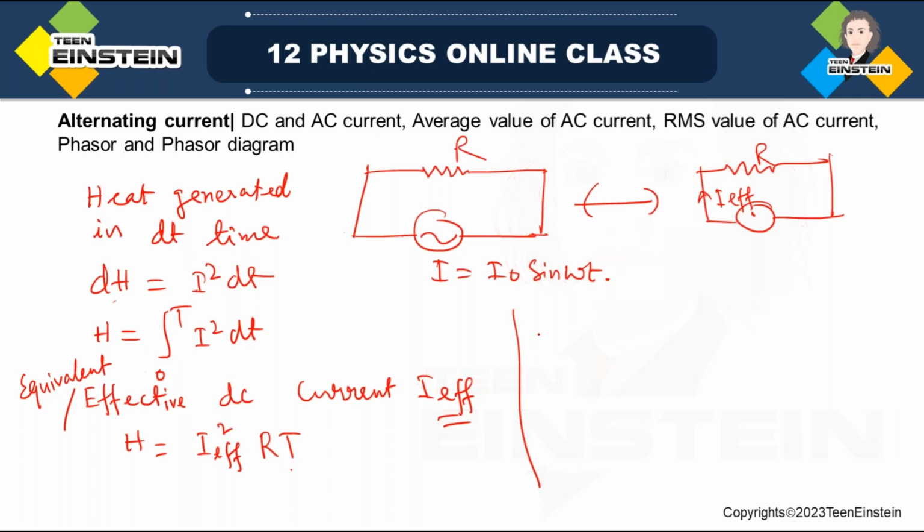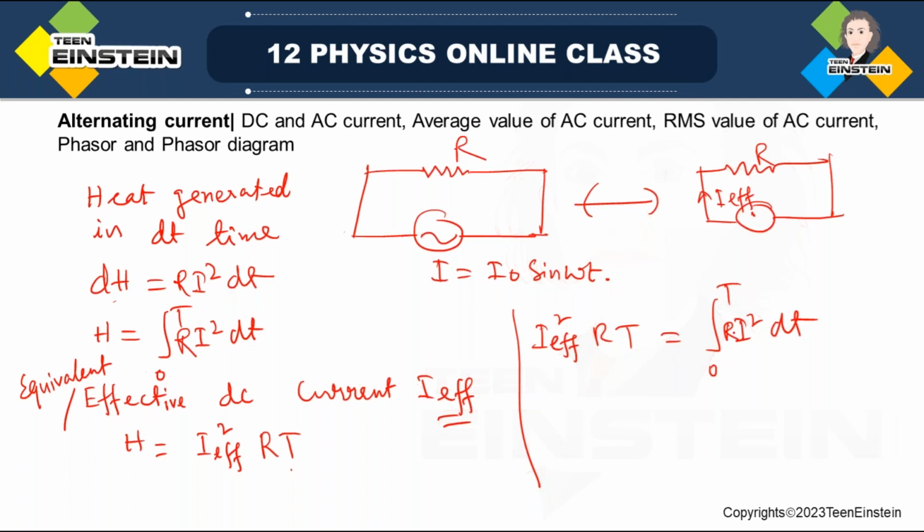From the definition, this effective current produces the same heating effect. So I can write IEFF square R into T is equal to the integration from 0 to T of I square R dt.